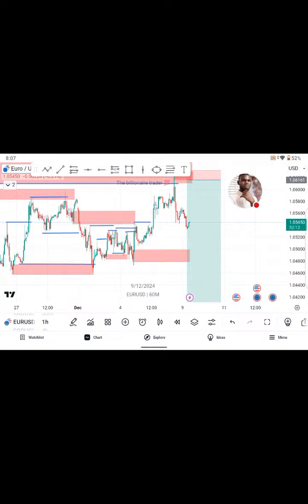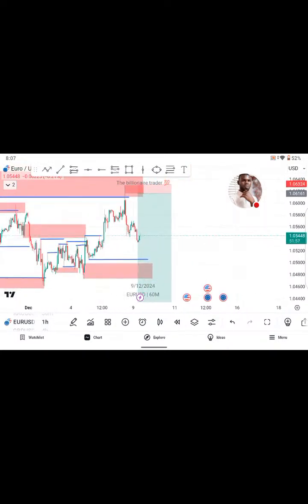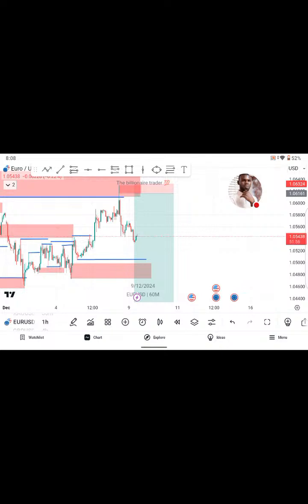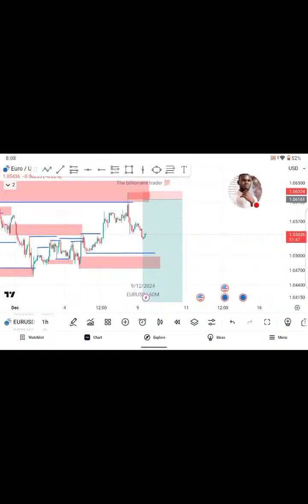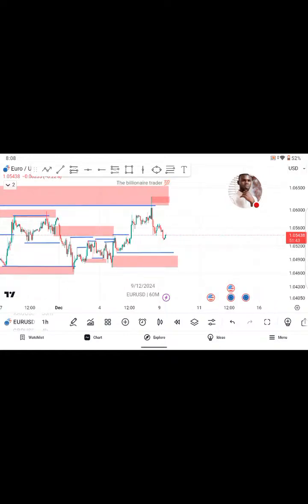So we have this low available as liquidity, and we have this zone to be mitigated. Can you see? So we have a similar thing here too, but this one does not have an FVG. But I know the wick above it is a supply zone, still a supply zone that can actually push price lower.